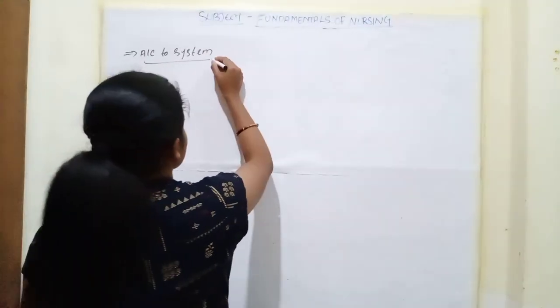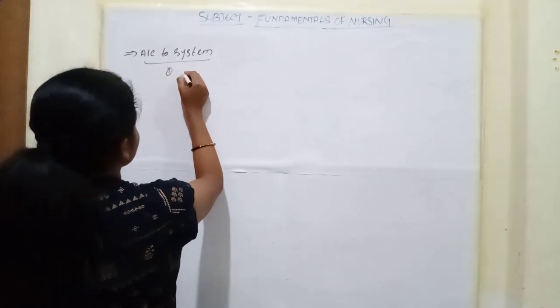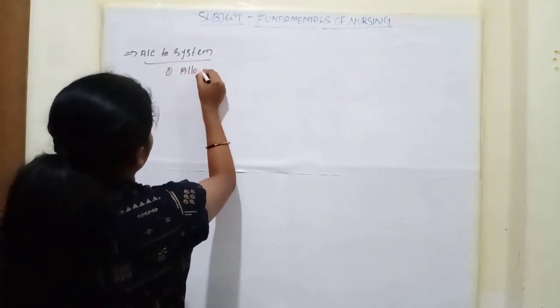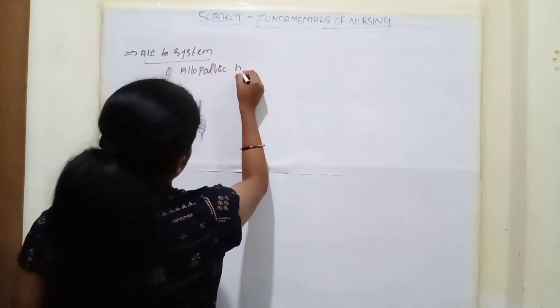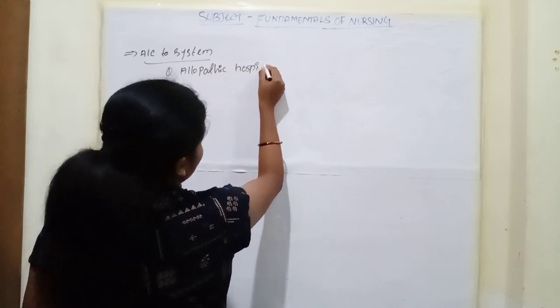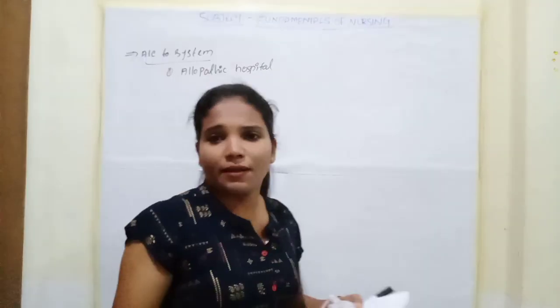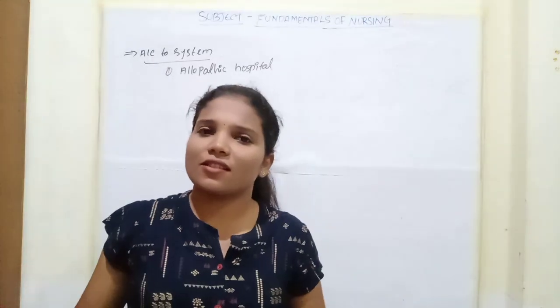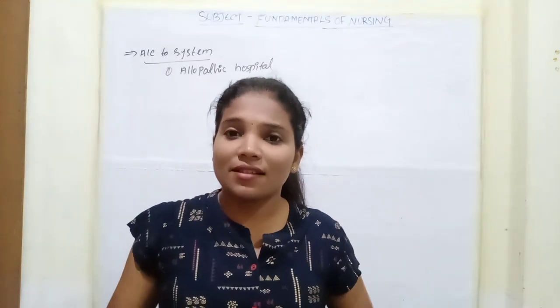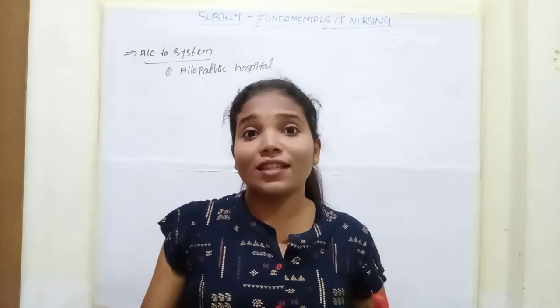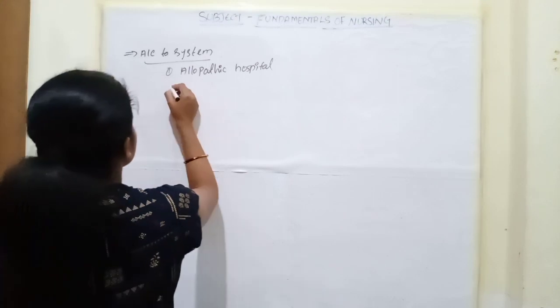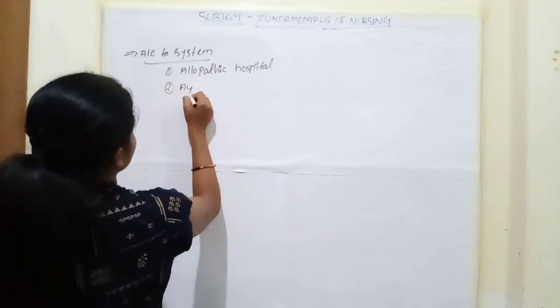So first one is the allopathic hospital. As we know, when we go to a hospital that uses drugs and such things, we call it an allopathic hospital. Next one is the Ayurvedic hospital.